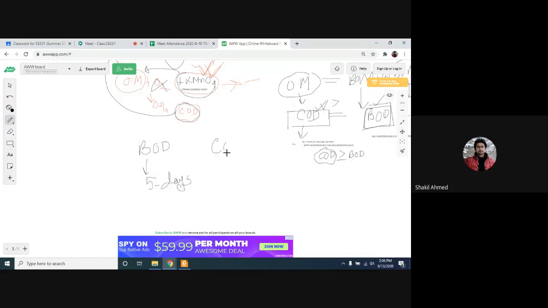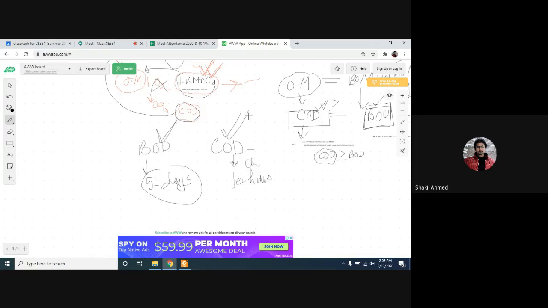But in case of COD, you are using chemicals, right? So it can be done within a few hours. So this is an advantage of the COD test over the BOD test. In case of BOD, you need 5 days.